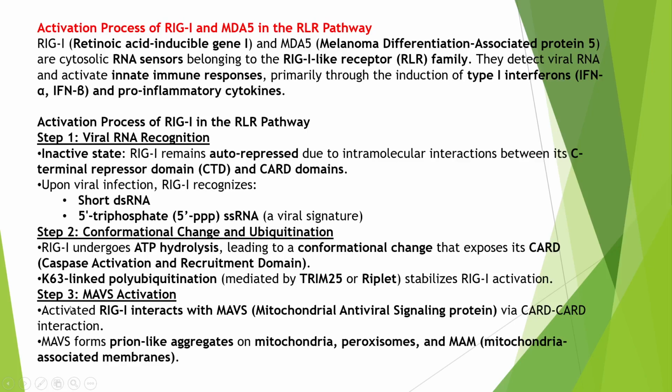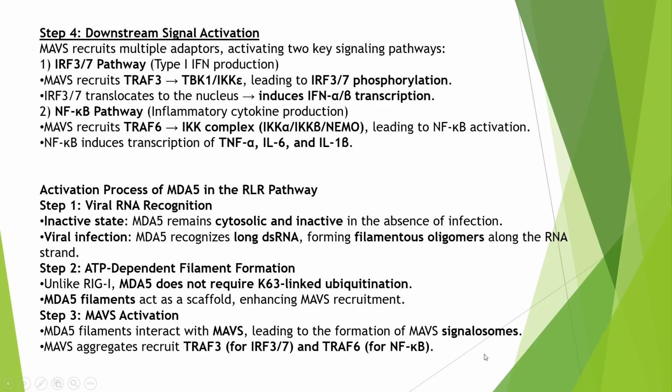Then MAVS activation. After this, RIG1 interacts with MAVS like we discussed. The CARD-CARD domain interaction occurs. Then MAVS forms prion-like aggregates on mitochondria and peroxisomes. Then downstream, same IRF3/7 pathway.